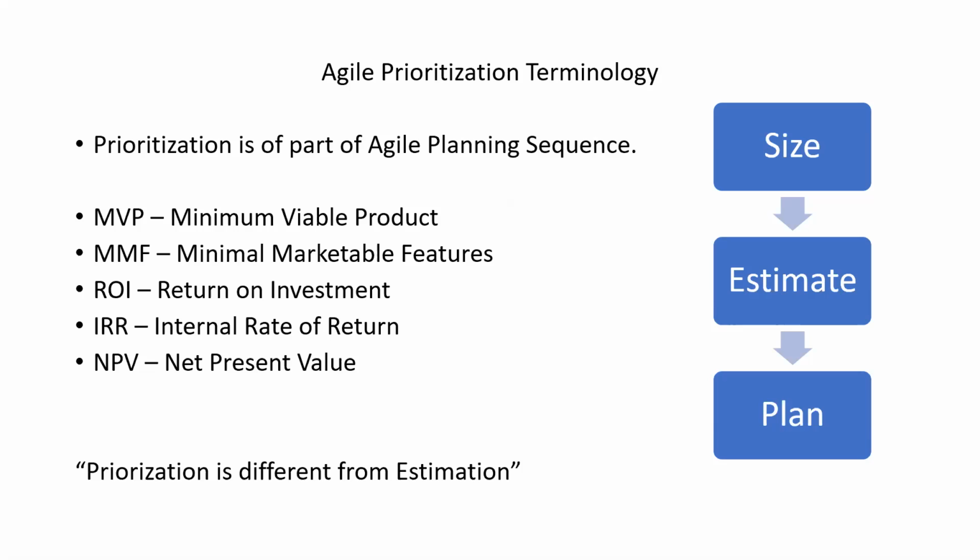Will it have a positive interest rate, or a negative one? If it is a negative internal rate of return, your 100K now will be 80K in future. So there's no sense in doing the project. So return on investment positive, yeah, you can do the project. Internal rate of return positive, yeah, you can do the project. Even NPV positive, you can do the project.